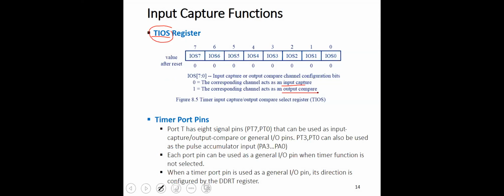So this register is used to decide whether the channel is an input capture channel or an output compare channel. In our case, for the time being, we are working with input capture, which is the default value on reset. So by default, these channels are configured as input capture channels.